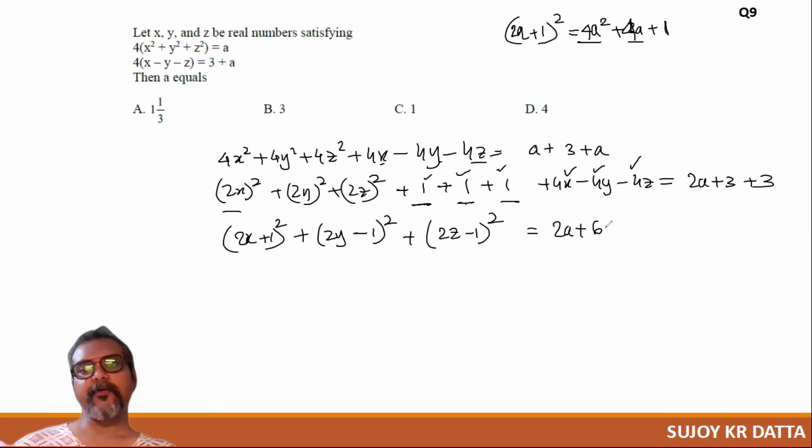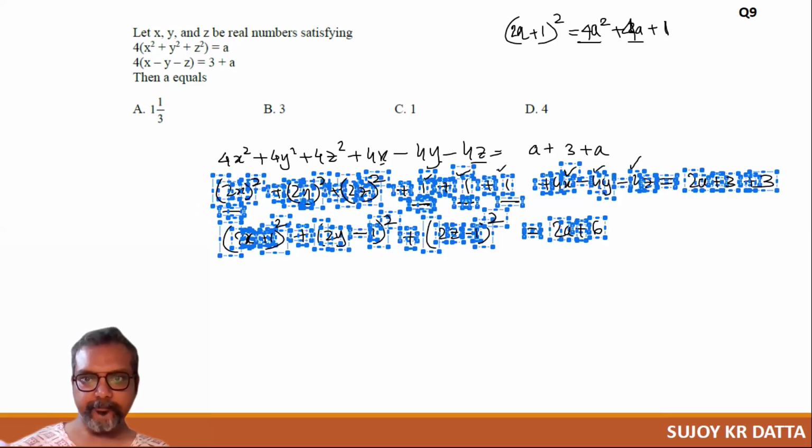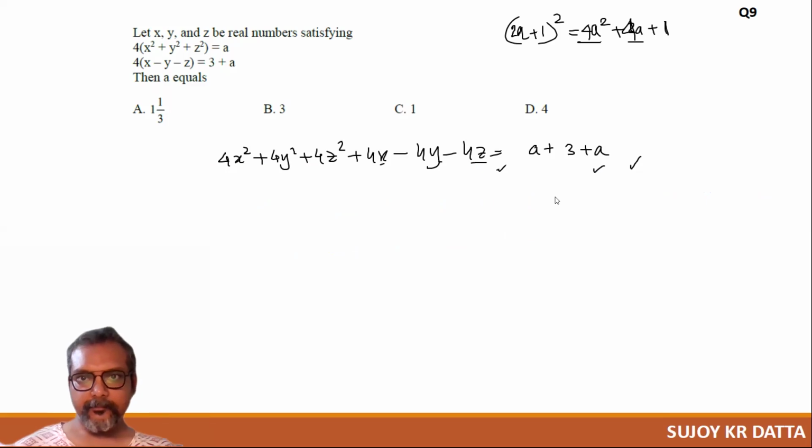So sum of three squares is 2a plus 6. Okay. Let us try to do something else. It's not working out this way. So we are trying to do a case where we have a square term which adds up to 0, so that we can solve for the values.